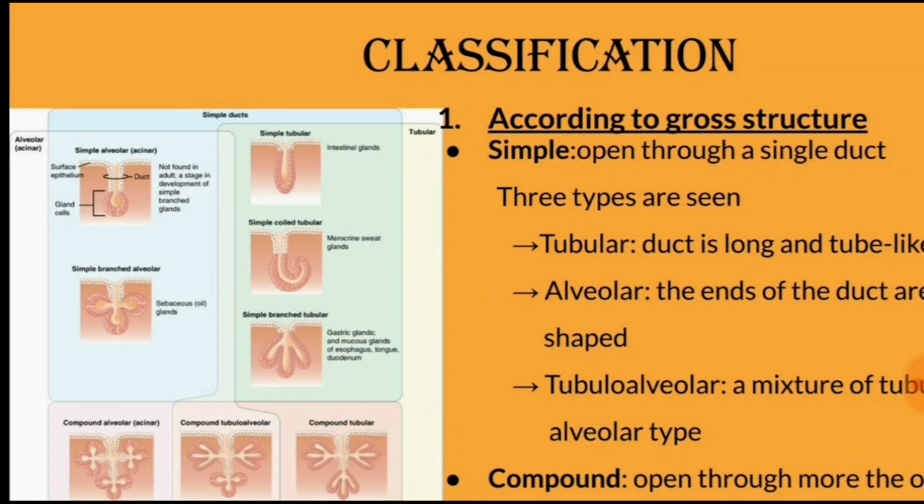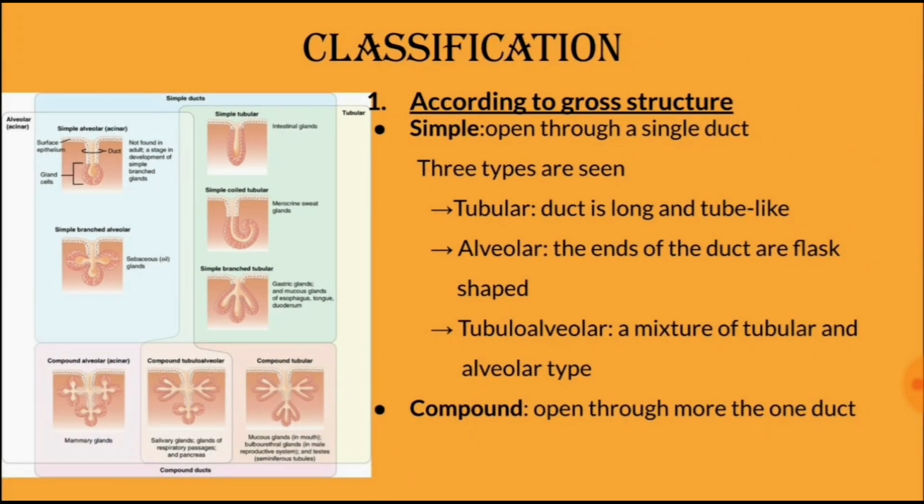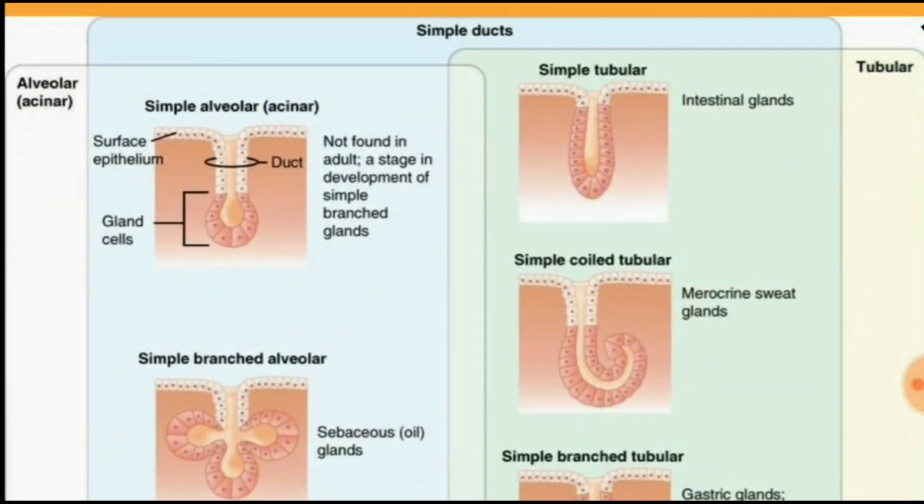Moving to the next type, which is alveolar. As the definition says, alveolar is the one which is flask shaped. You can see the image over here, the simple alveolar form, wherein the surface epithelium is flat and the duct is similar to the tubular, but the base of the duct, where the gland cells are present, is flask shaped.